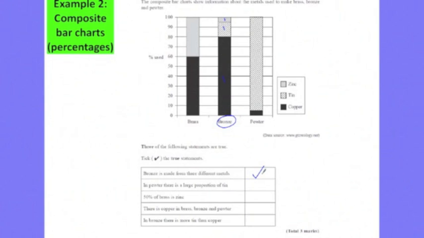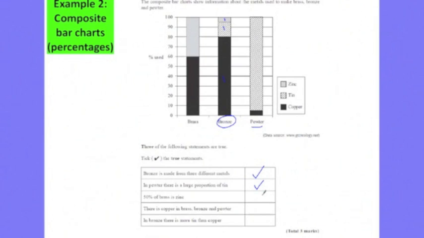Each one of these 3 metals is shown here in the composite bar chart, so this is correct. Second statement, in pewter there is a large proportion of tin. We look here at the pewter and we're looking for a large proportion of tin. Tin is the stripes. Here we see that almost 95% of the pewter consists of tin. So yes, this statement is also true.